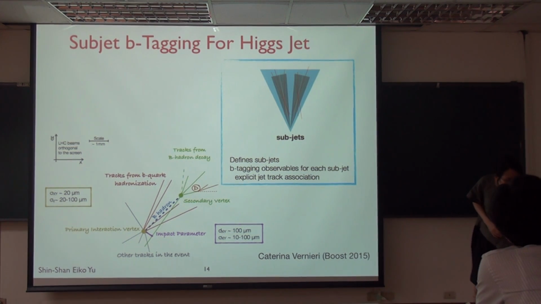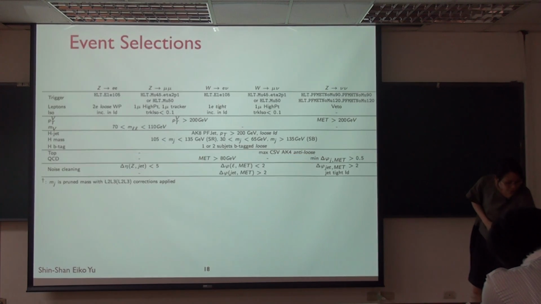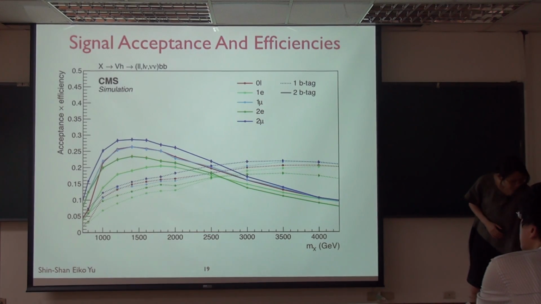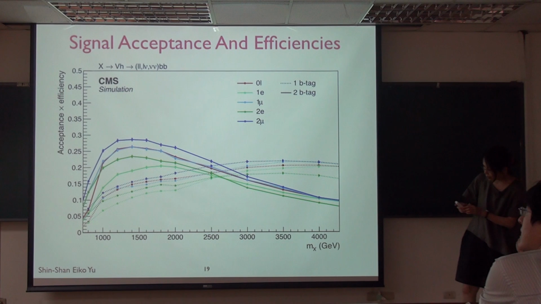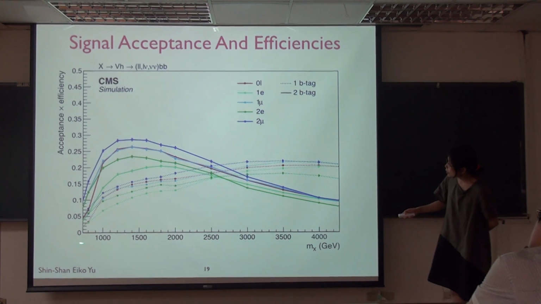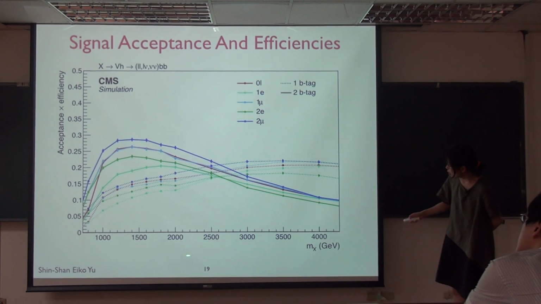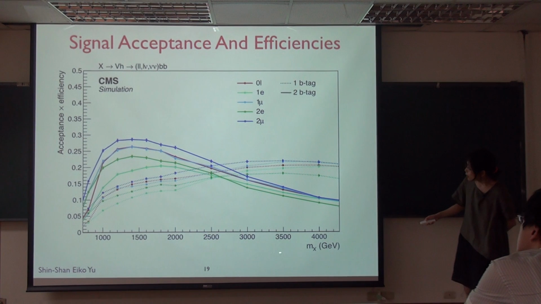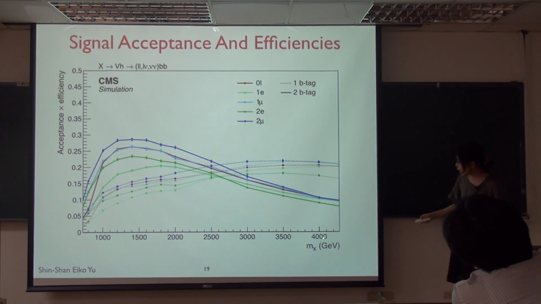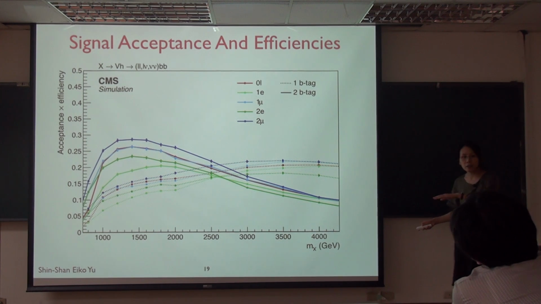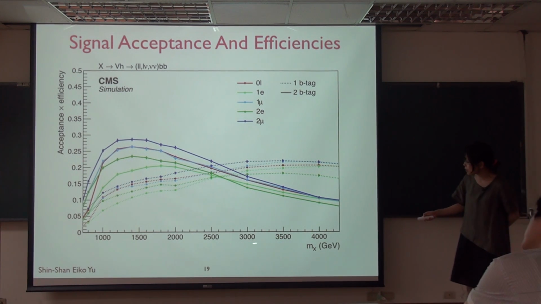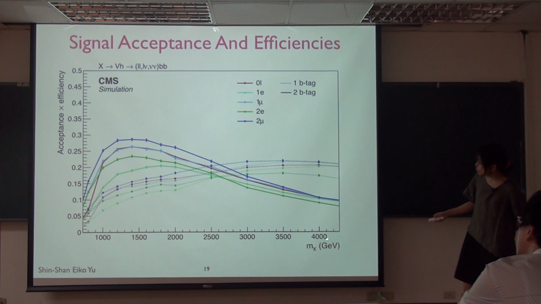Okay, so here you see the efficiency as a function of the mass of the new particles. Just to remind you, at higher mass, the boson momentum will get higher and higher. So the boson momentum increases with the mass of the new particles.